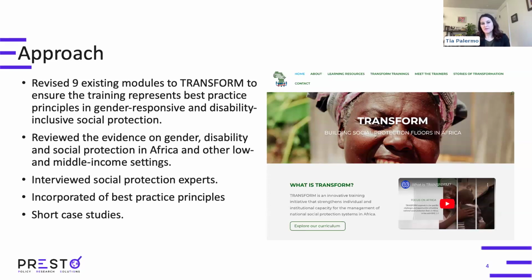In gender responsive and disability inclusive social protection, we reviewed the evidence on gender, disability, and social protection in Africa and other low and middle income settings. We also interviewed several social protection experts, including master trainers and other scholars on the topic, and incorporated best practice principles as well as short case studies.